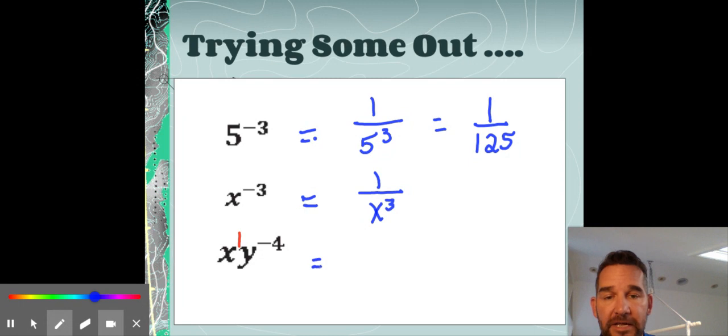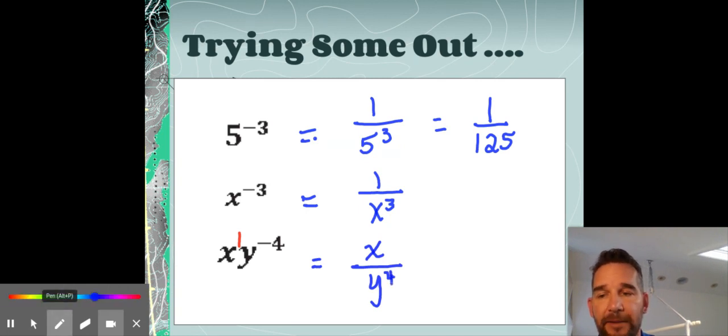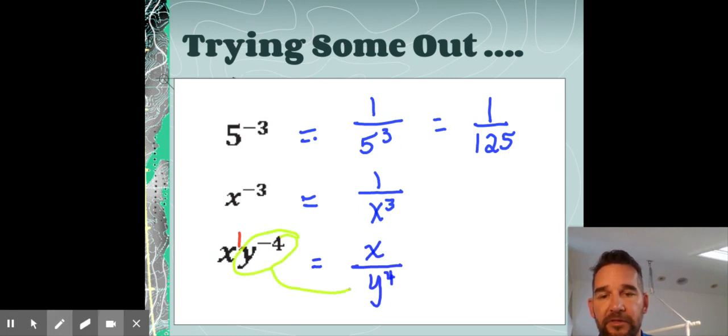So we're going to keep our x on top, and we're going to put just our y to the fourth on the bottom. And again, let me repeat that. It is the only piece in this that had a negative exponent. So that's why it moves to the denominator, and the x stayed on top. Really important to remember.